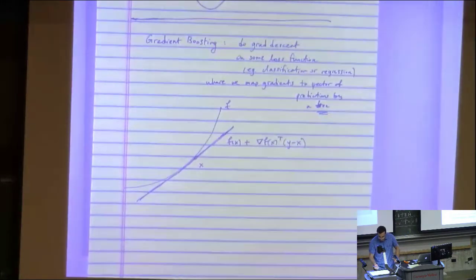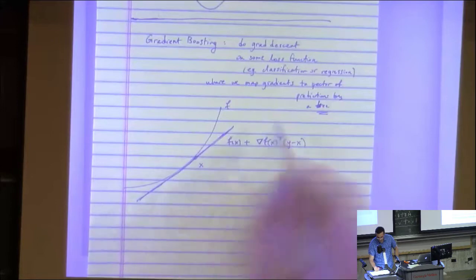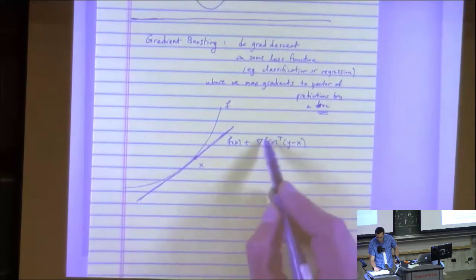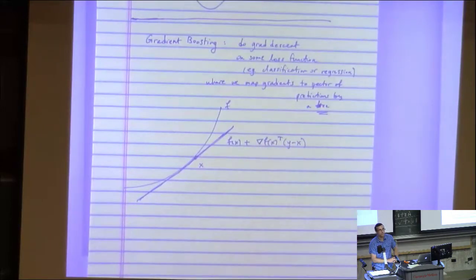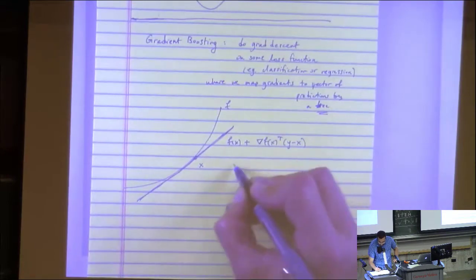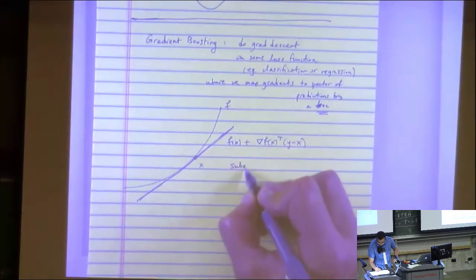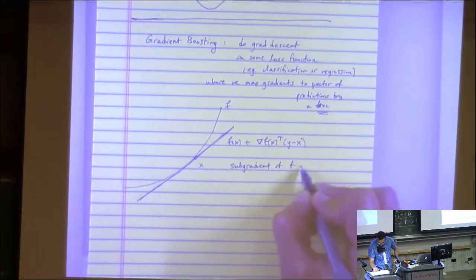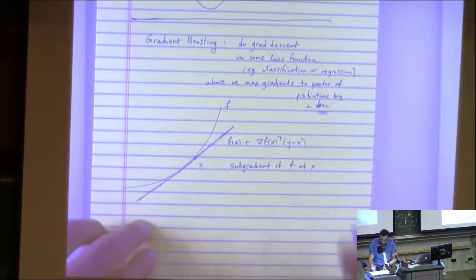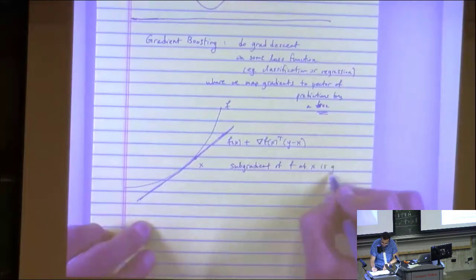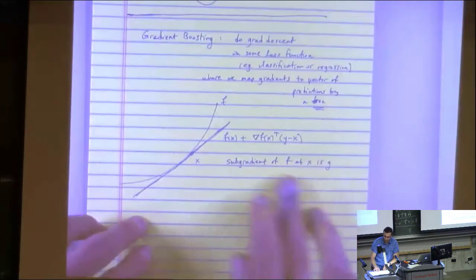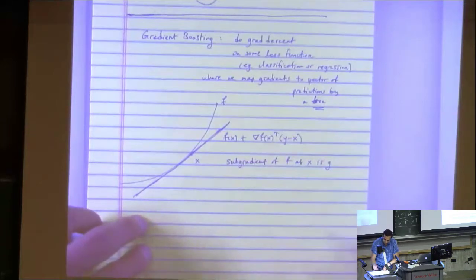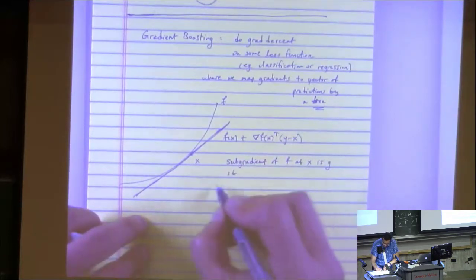So a subgradient for a convex function is really just any vector that has this property that we would get if we substituted that vector for the gradient. In other words, a subgradient of f at a point x is a vector g of length n, just like the gradient would be, such that the same property holds.